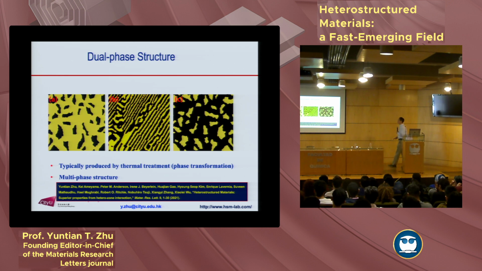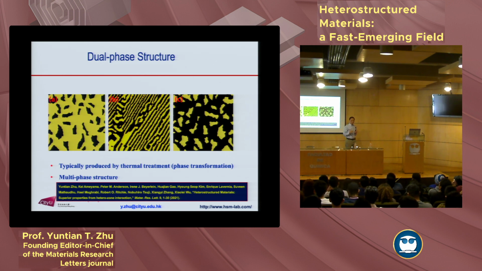Or you can use a dual phase structure. Typically, if this is hard phase, that's a soft phase. This will be the hard phase in the soft matrix. If you look at our steels, most of our conventional steels, and also from our textbook, most likely you have this hard phase in the soft matrix.